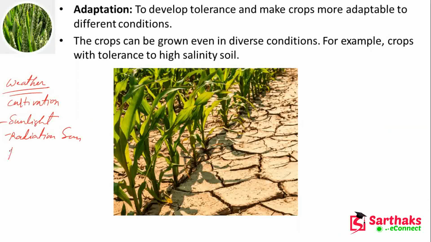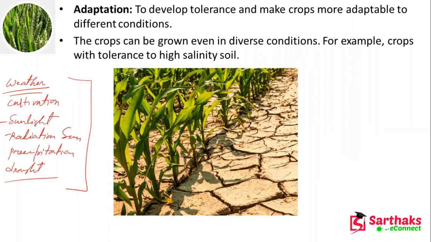This is important. Precipitation is also important, and whether drought is there or not is also important. So all these things are very important to grow any crop. But your variety of the crop should be tolerant to these things.